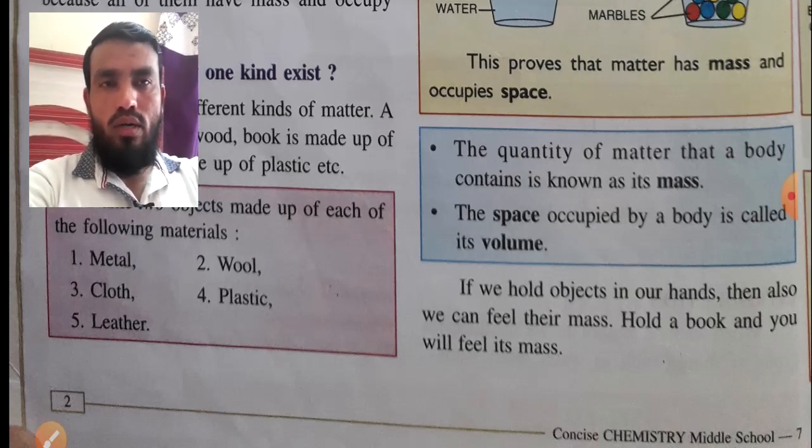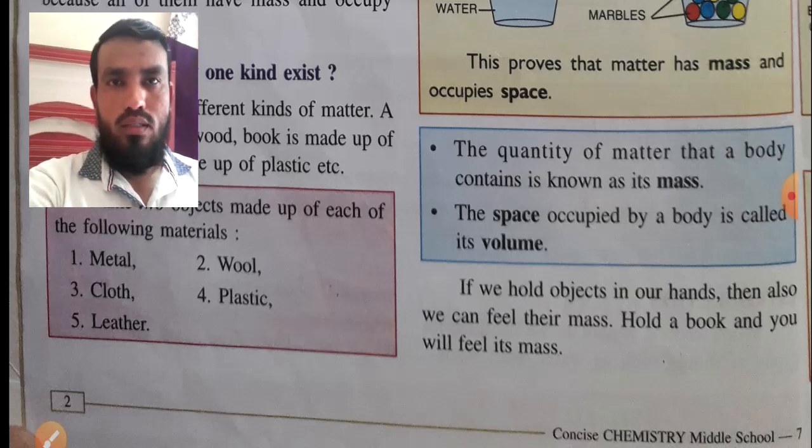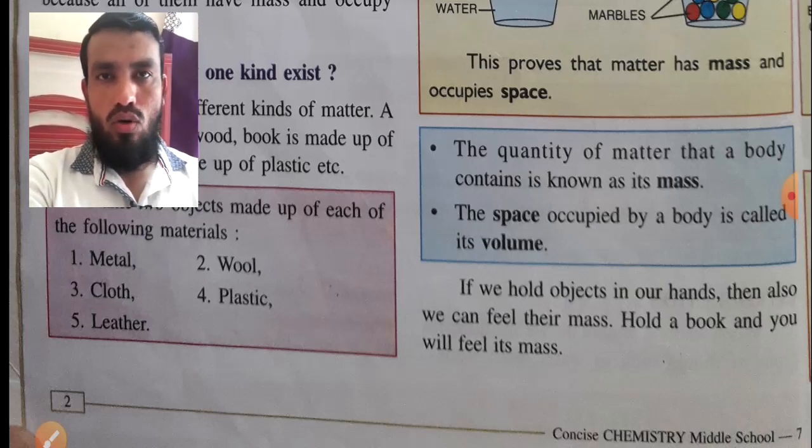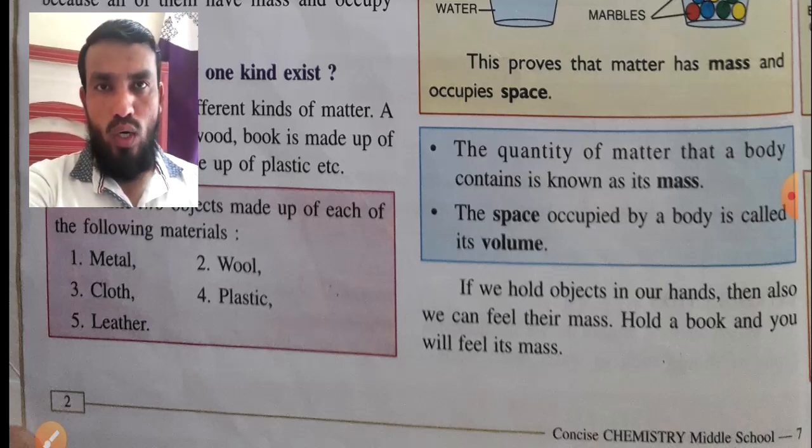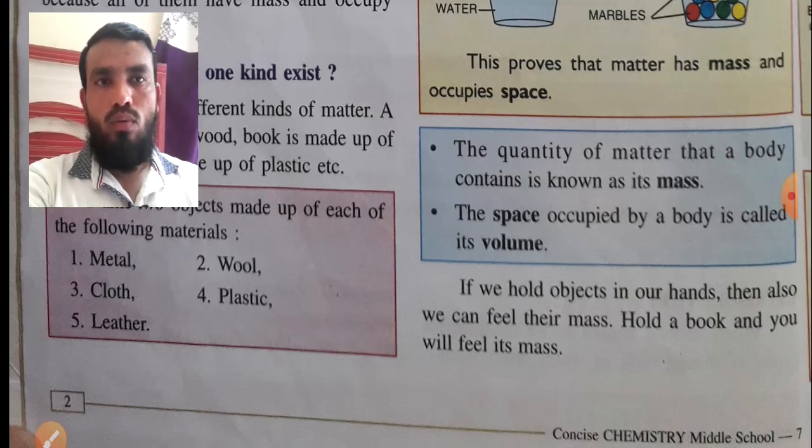How much water you add into the glass, that is called its mass. So any body containing such an amount of matter, that quantity is called the mass, right? So so much quantity is added into so-and-so body, and that is the mass of that body.